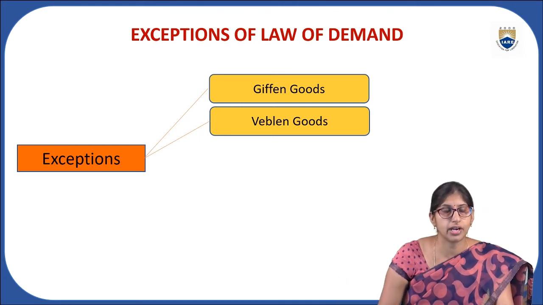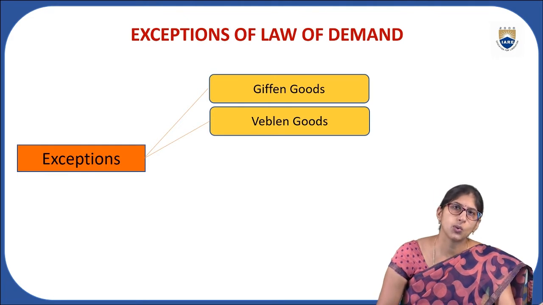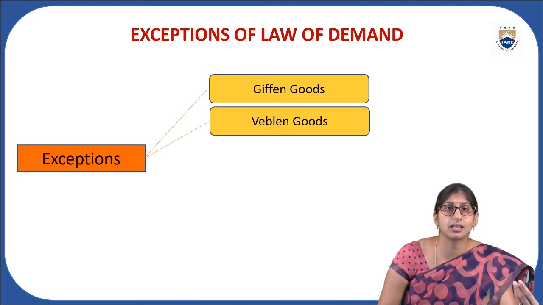Should we wait some more days for the price to come down? They don't wait for that. They just go, visit, have the best product, whatever they want, and they ignore the price and buy the goods.